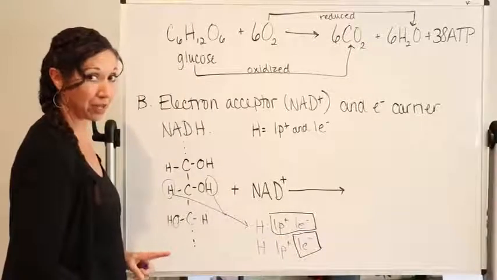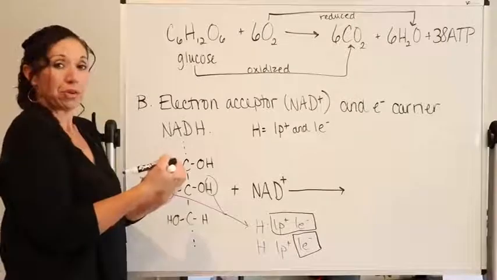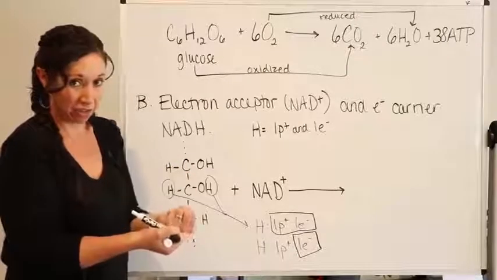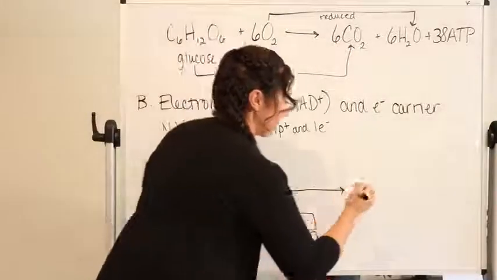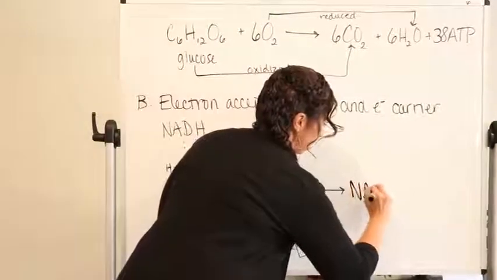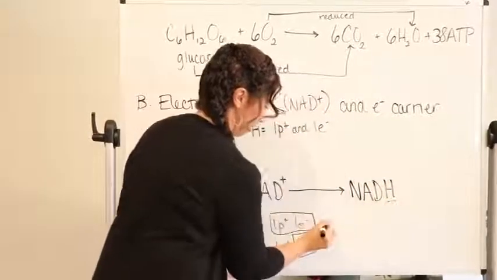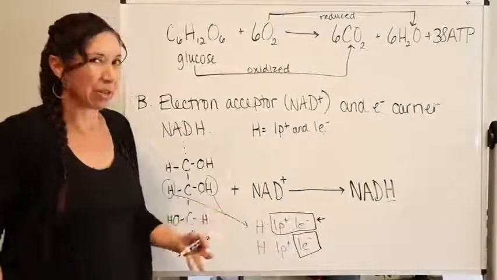So once it scoops up those 2 electrons in its arms, it becomes NADH. This H is this guy right there.